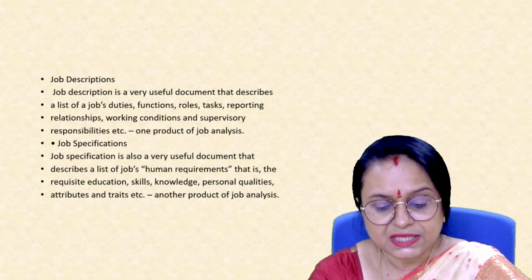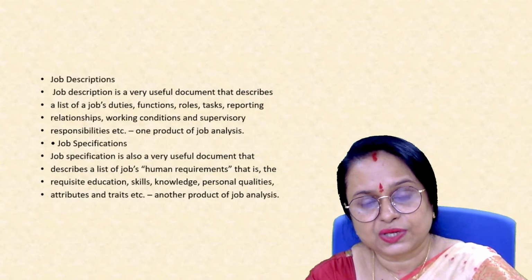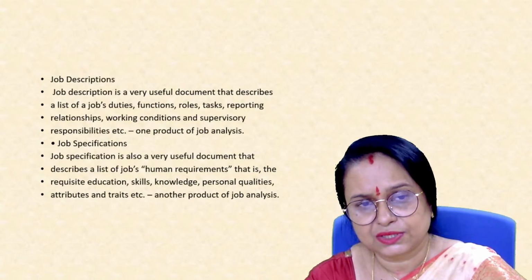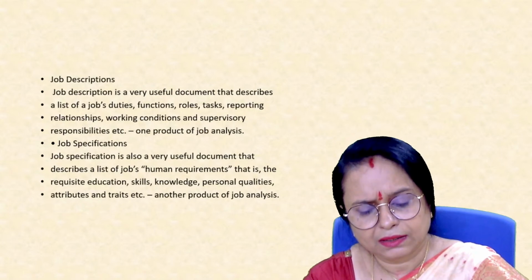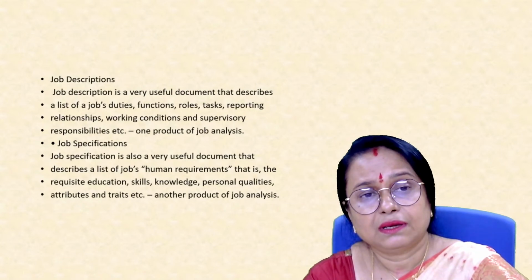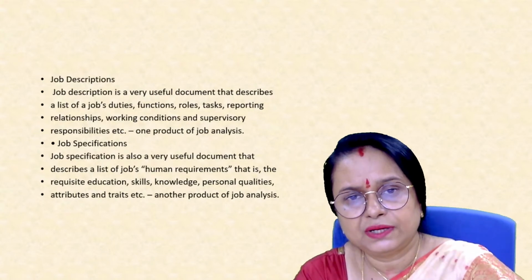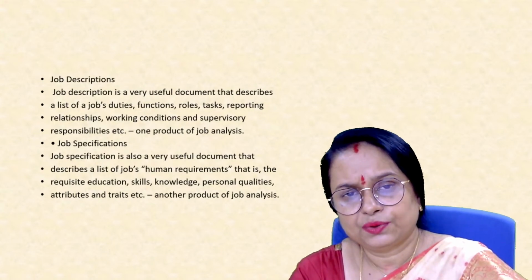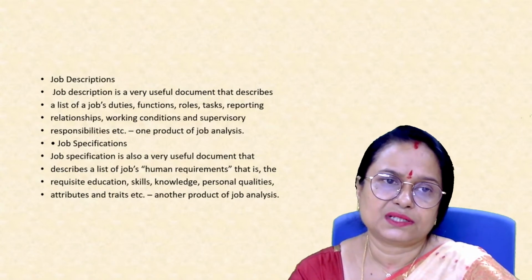So, by job description, we can know which type of job one employee is doing. What is his role? What is his duty? How many hours will he be working? And what is the working condition? What are his functions? To whom will he report? Who is his boss? All these are there in the job description.